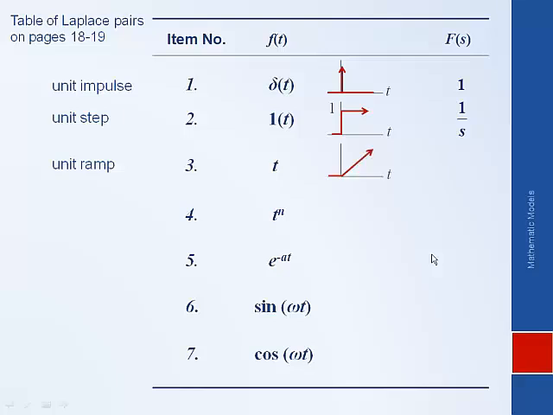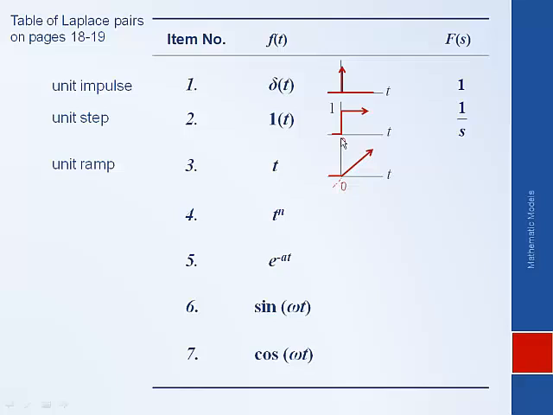And this is a picture of that, where the slope of that straight line is 1. In general, all of the time functions that we are going to deal with, we're going to presume are 0 for time less than 0. And so that's what's represented here. This straight line, instead of continuing backwards, at time 0, is equal to 0 for time less than 0.